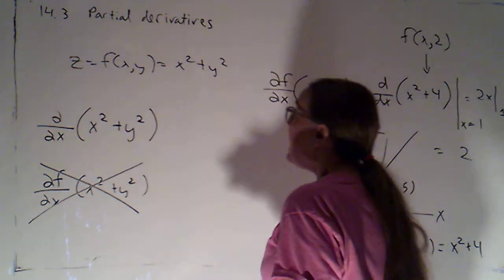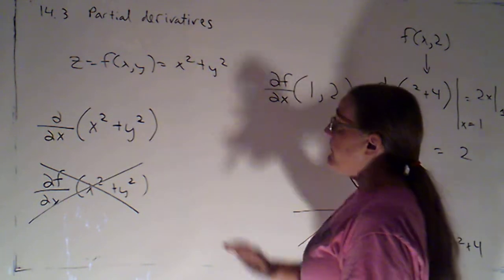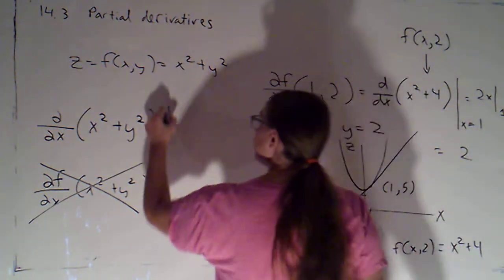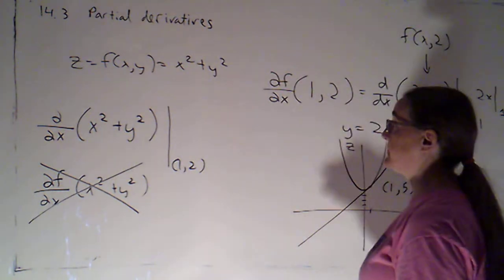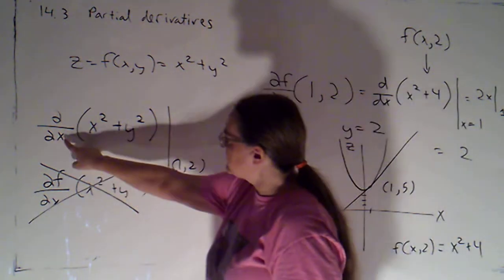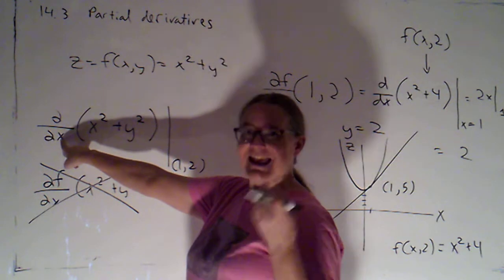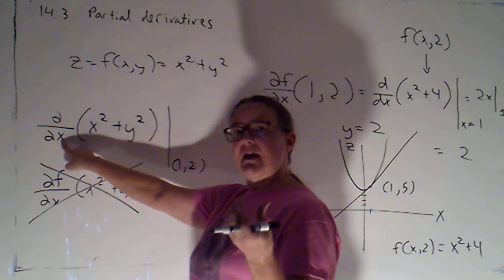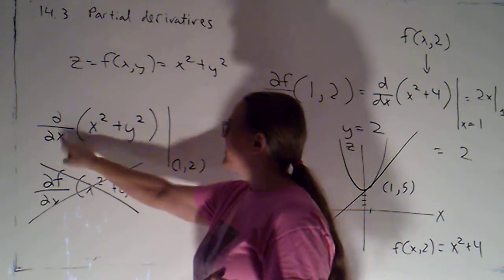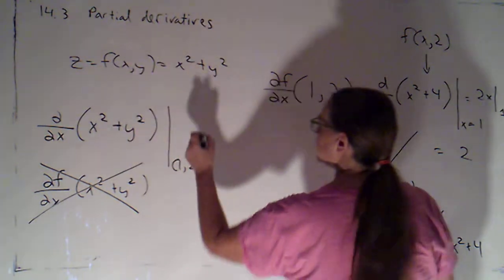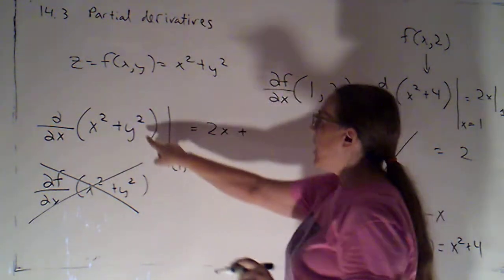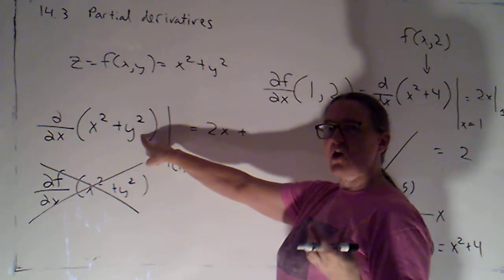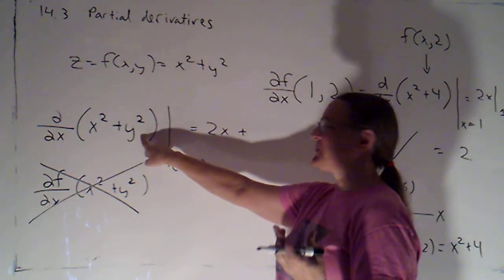Okay. Now, if I do that, and let's say I wanted to evaluate this at the point (1, 2). I could say, okay, so I'm treating x as my variable. That means I'm holding y constant. So the derivative of x squared is just 2x. If y is constant, so is y squared. Okay.